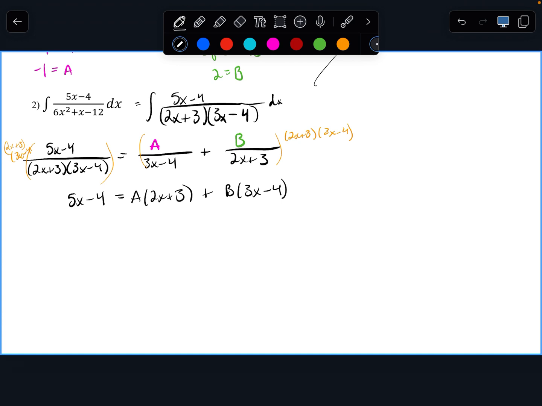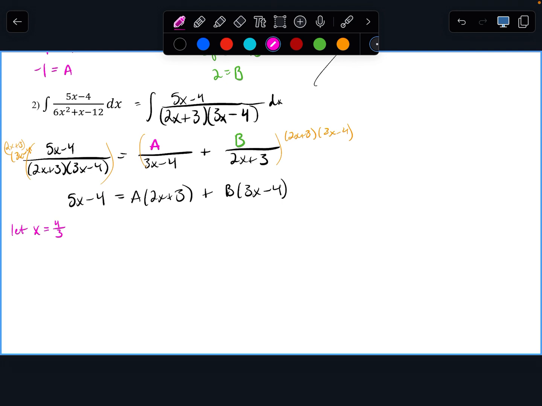You're essentially setting this equal to 0 when you're solving it. So I'm going to let x be 4/3 because that would clear the b.